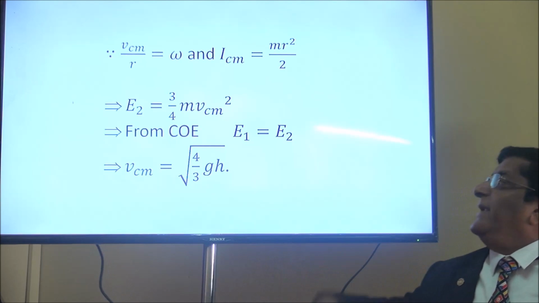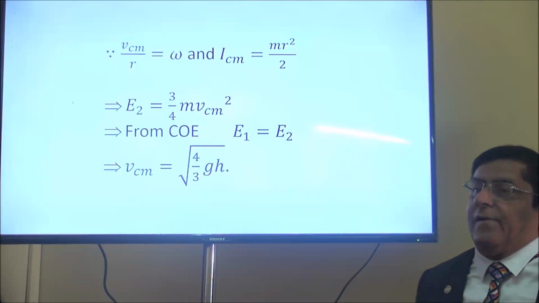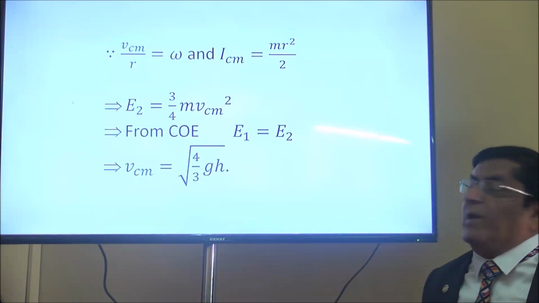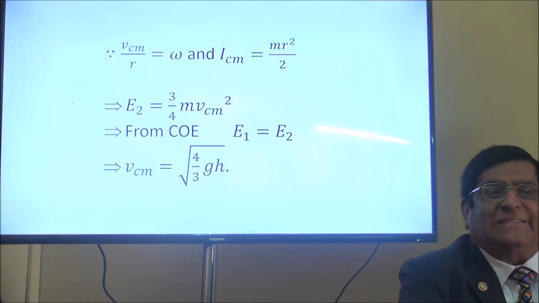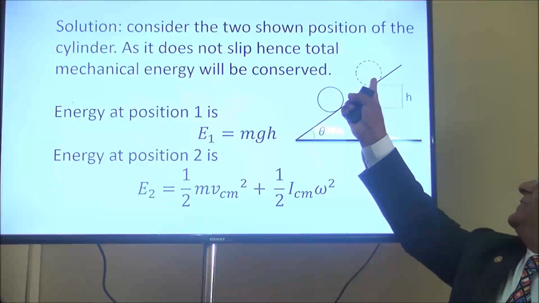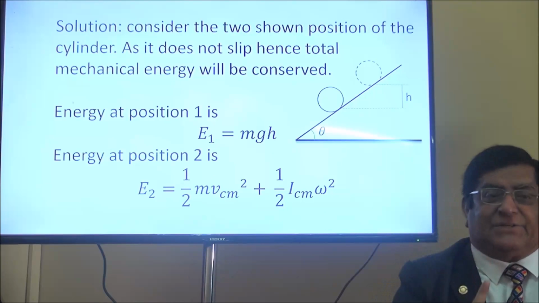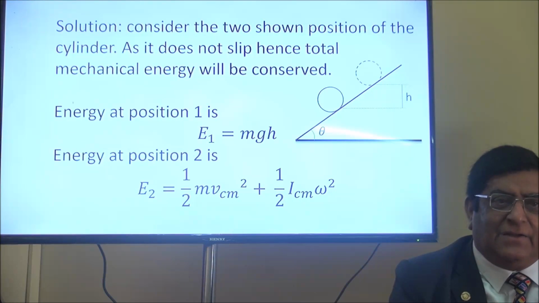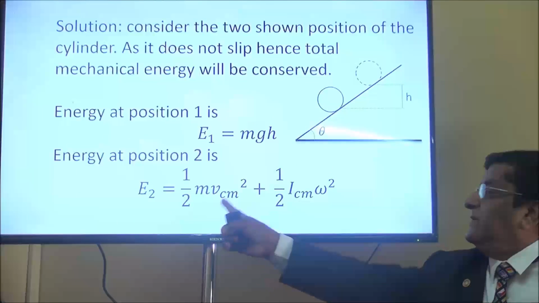So total energy is 3/4 mv square. And this 3/4 mv square is equal to which energy? Please concentrate here. How much energy is gained from this position to this position? mgh. That is equal to the energy gain. And we have calculated what the energy is here.